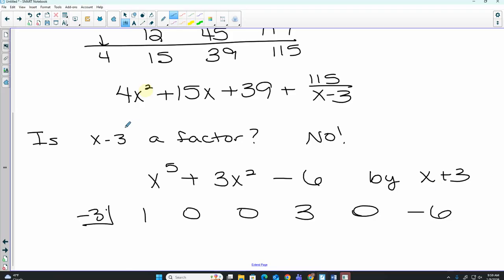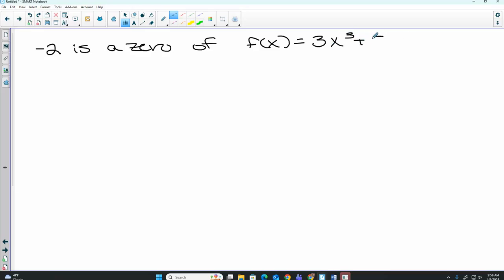Final type of question, like what we were doing yesterday. So let's say -2 is a 0 of 3x cubed plus 5x squared minus 3x minus 2.